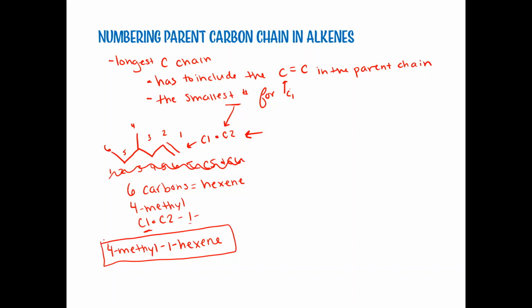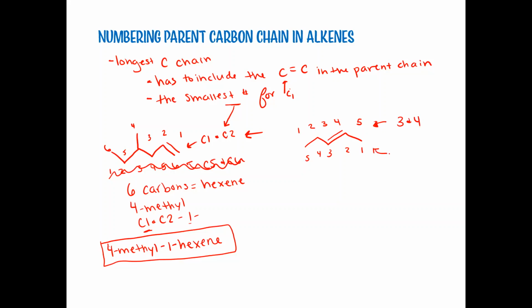We could do another one where we have this molecule. We can number it either from the left, 1, 2, 3, 4, 5, or we can do it from the right, 1, 2, 3, 4, 5. This way, our double bond is 3 and 4.